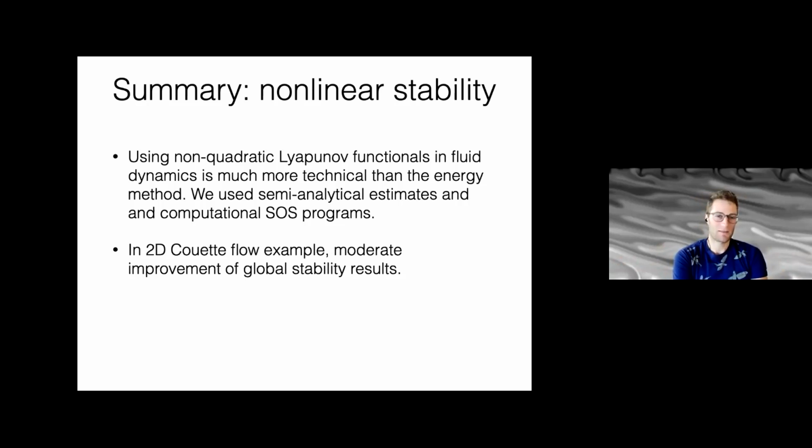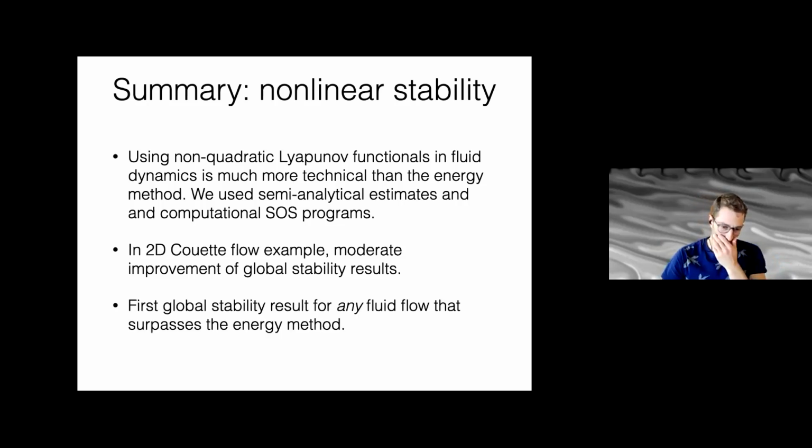Right? The energy method showed that you have the laminar state globally stable up to a Reynolds number of 177. Here, for a certain domain size, we increase that number to 250. The correct answer is probably plus infinity. So in that sense, this is a modest improvement.